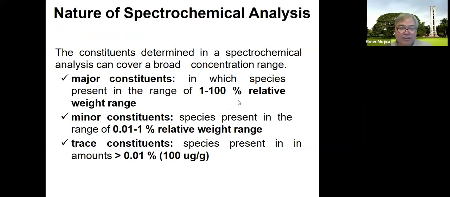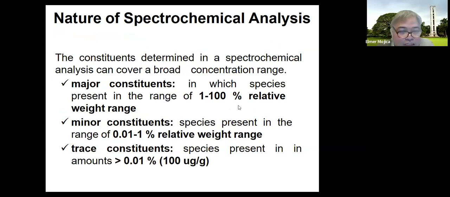And if we're going to look at this, what we call spectrochemical analysis, okay, we can look at it in terms of constituents determined in the spectrochemical method. In some cases, some spectrochemical methods are used to determine major constituents. So when you're talking about major constituents, it ranges from 1 to 100%.